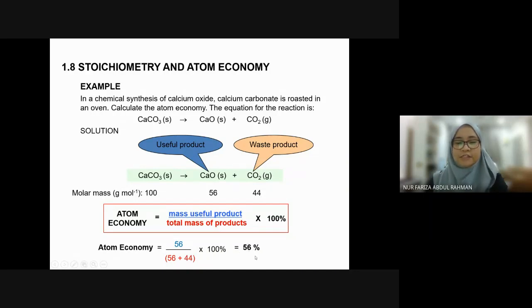Okay, so 56% is not very high, just about half. The higher the better. The higher the atom economy, by right, the greener the process is.